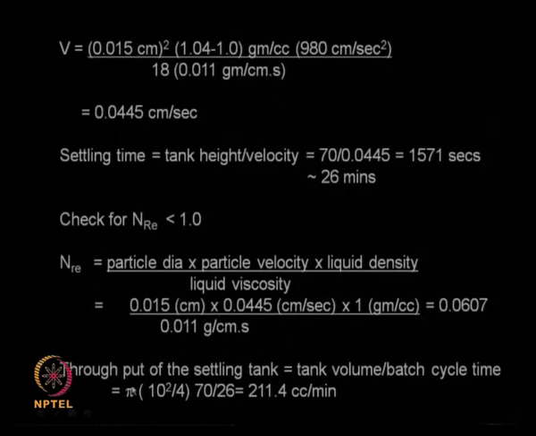So, you multiply that, it gives you the volume, divided by 26. So, throughput through the tank is about 210 cc per minute. So, you can process 210 cc per minute of this particular slurry and achieve a separation between the solids and the liquid through settling, and approximately it will take 26 minutes for the solids to settle.